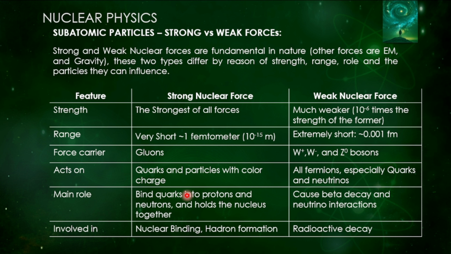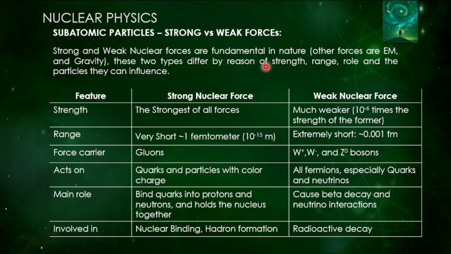It is the very force that binds these quarks together to form protons and neutrons. And again, as a reminder, what forms the protons is actually 2 ups and 1 down among these fermions, which are the quarks. As for the weak nuclear force, it causes beta decay and neutrino interactions.